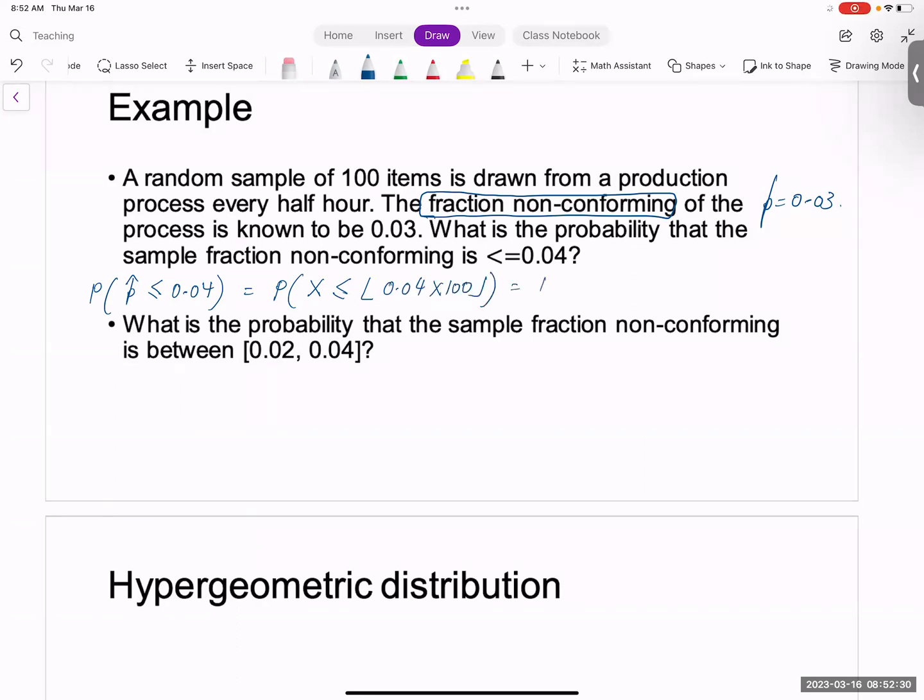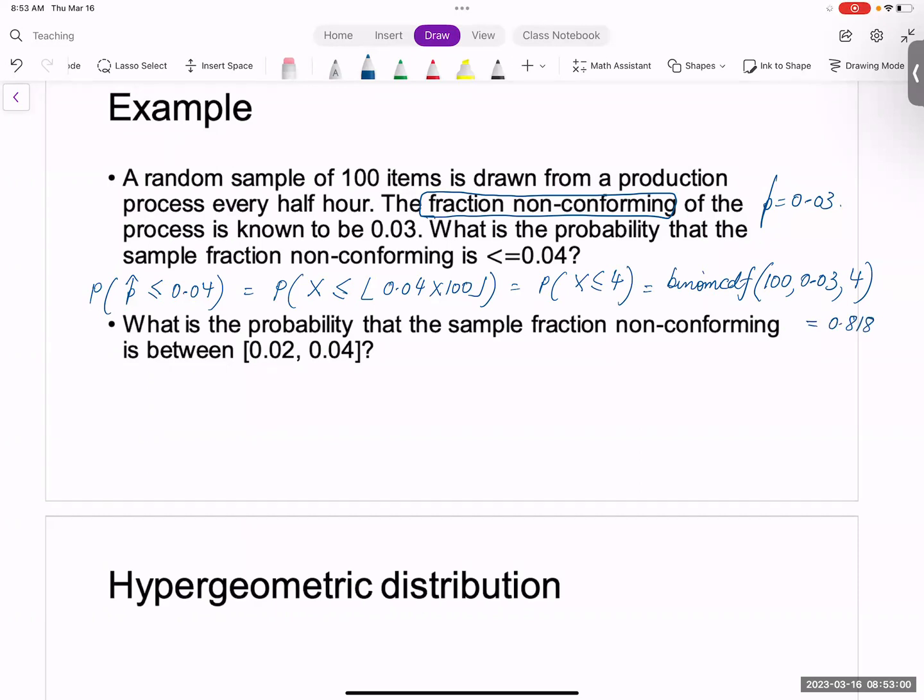This is equal to probability x less than or equal to 4. It's a coincidence that it turns out to be an integer; it doesn't always have to be. And now you can do binom CDF 100 comma p is 0.03 and x is 4, and this should give you 0.818.